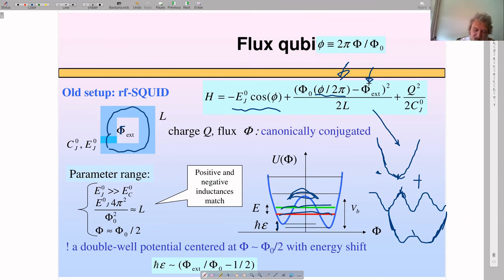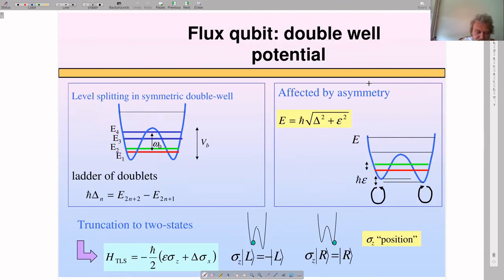Right, so we can realize this double well potential with Josephson junctions. Let's see how it goes. Of course, we don't want to look at high levels. We concentrate on these two states. And the Hamiltonian, again, it's a two-level system, so it should have a simple Hamiltonian.